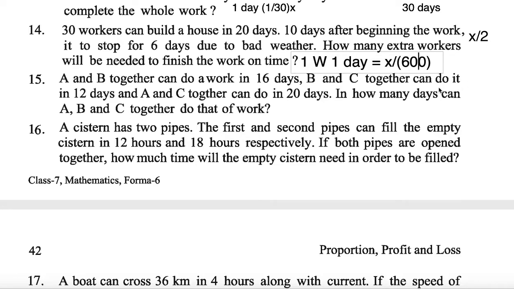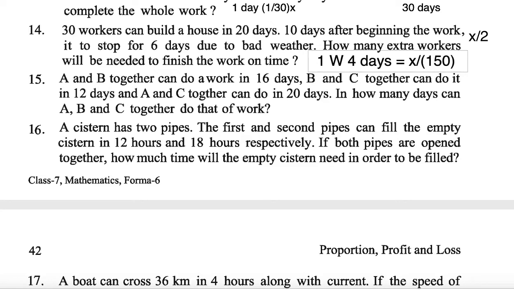One worker in one day can do this much portion. Okay, fair enough. Now one worker within 4 days, how much portion of work can he do? For 4 days, one worker, this becomes 4 on the numerator. This becomes 150, I guess. Yes, 4 5 is 20.